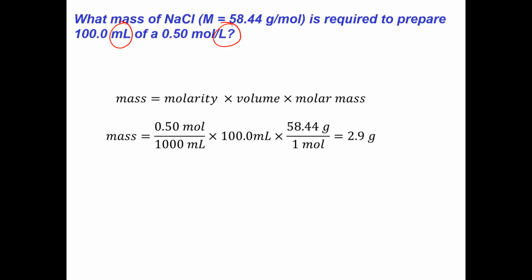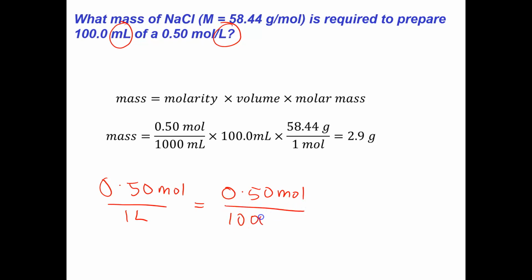And what I did in this case, just to illustrate a point, is that when we have a molarity like 0.5 moles for every 1 liter, we can always rewrite that as 0.5 moles for every 1,000 milliliters, because there are 1,000 milliliters in a liter.